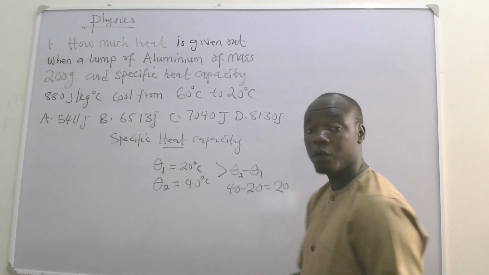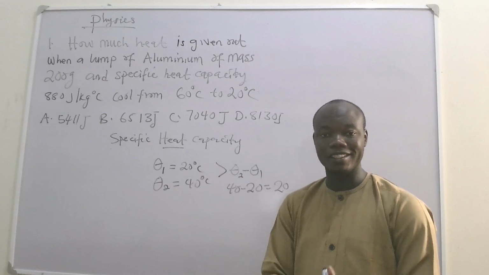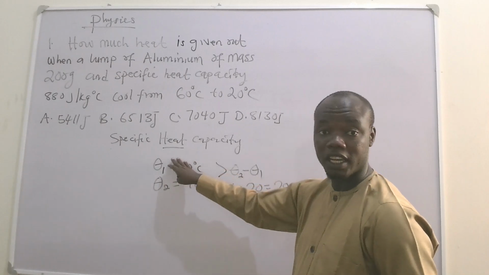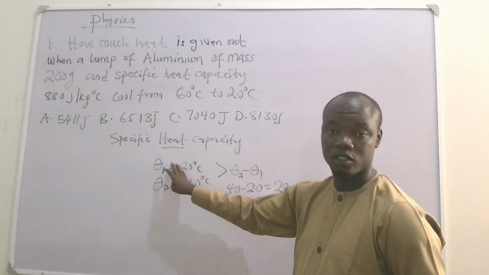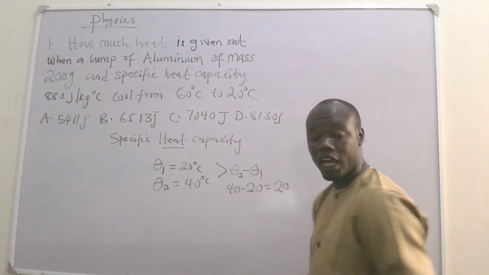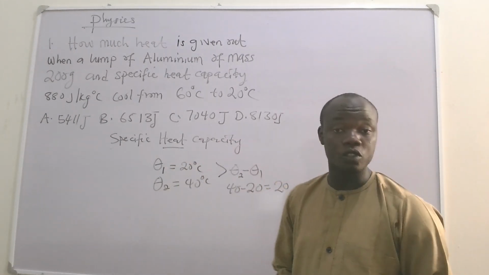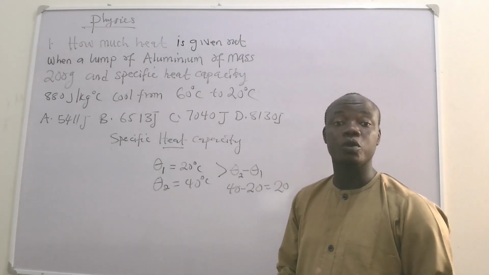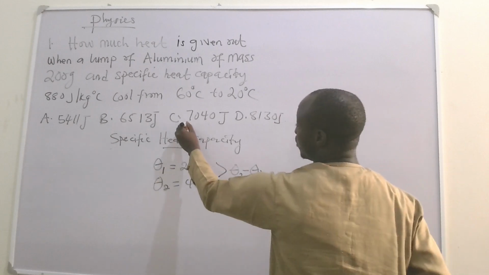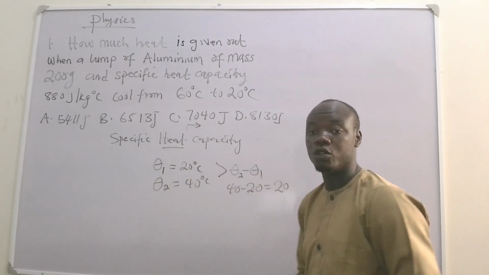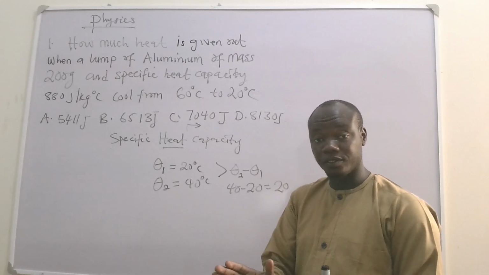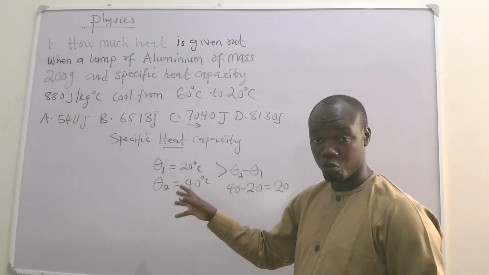And of course, we have some basic differences between heat and temperature. Heat, of course, is a scalar quantity, and temperature is a vector quantity. And to measure heat, we use a calorimeter, while temperature is measured using a thermometer.